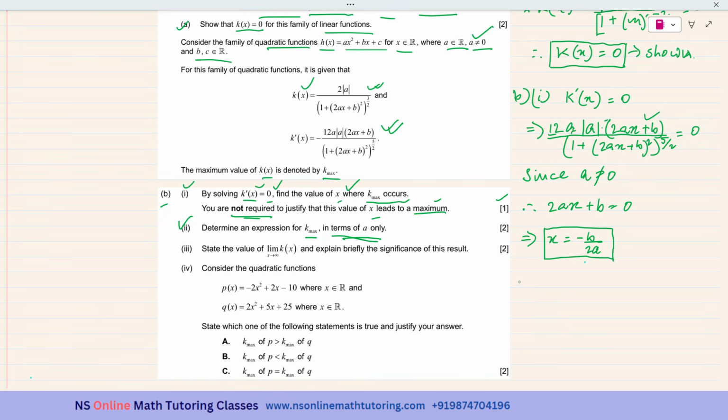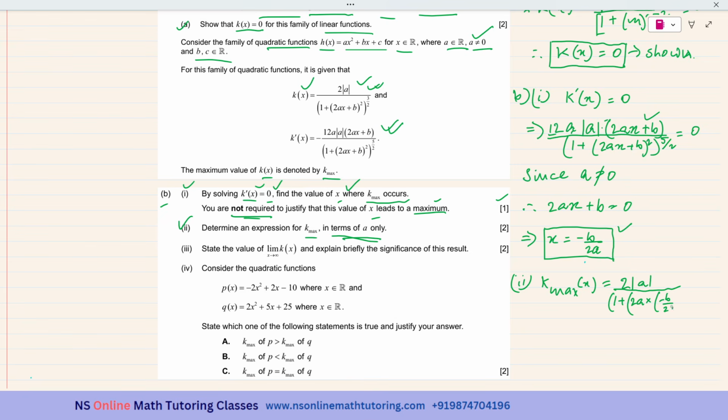So k max is equal to, we have to take this expression, the absolute value of a over 1 plus 2a times, in place of x we'll be writing negative b over 2a.